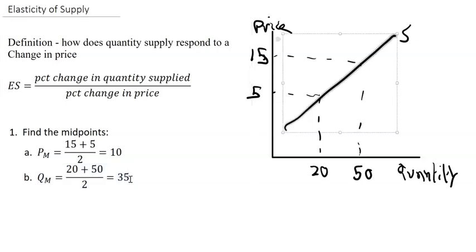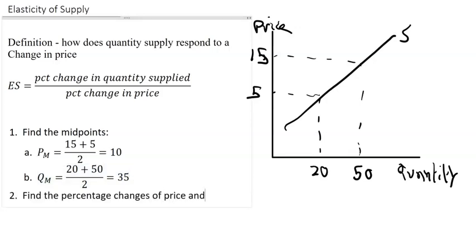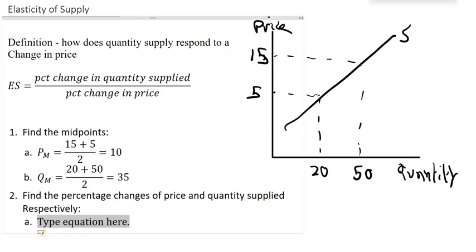The second step is to find the percentage changes of price and quantity respectively. The percentage change in quantity supplied equals the change in quantity supplied, 50 minus 20. Here we don't really need the sign. The elasticity of supply is always going to be a positive number, because if price increases, quantity will increase, and if price decreases, quantity will decrease.